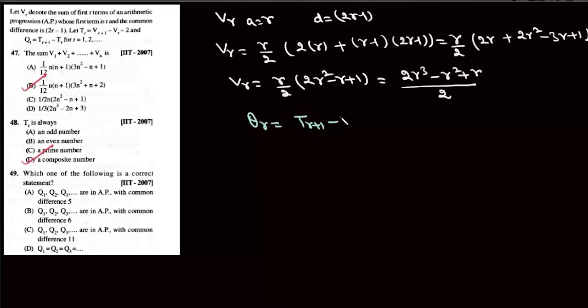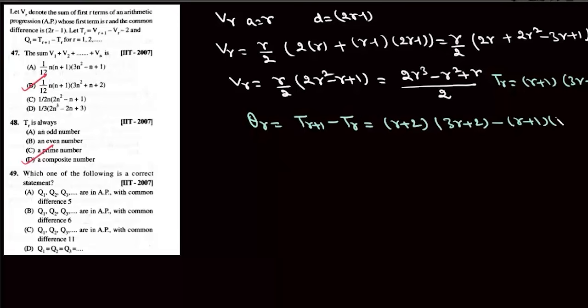Now we already know T_R is (R plus 1) into (3R minus 1). So T_(R plus 1) will be (R plus 2)(3R plus 2), minus (R plus 1)(3R minus 1).